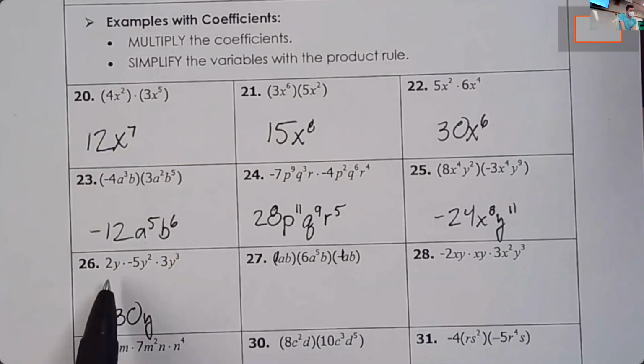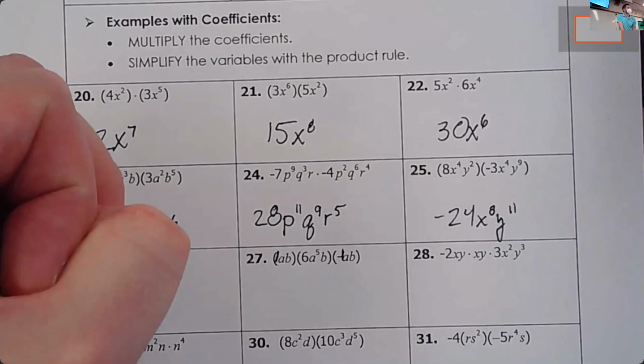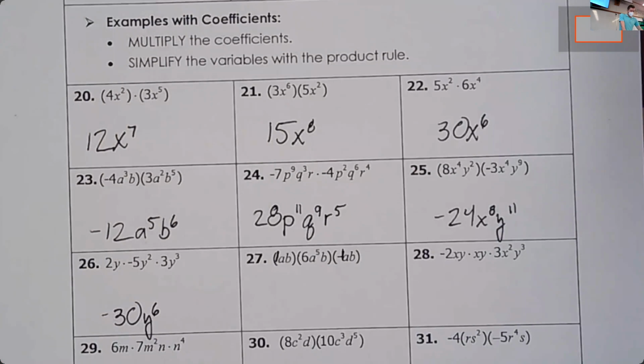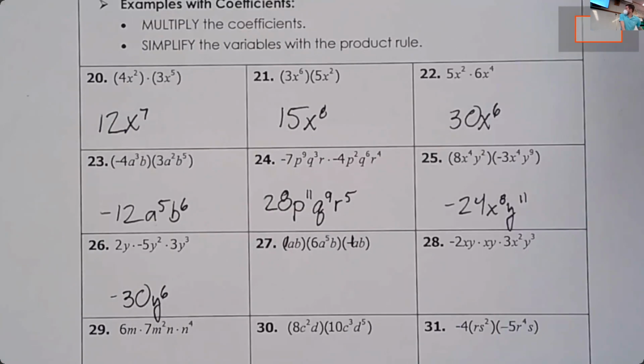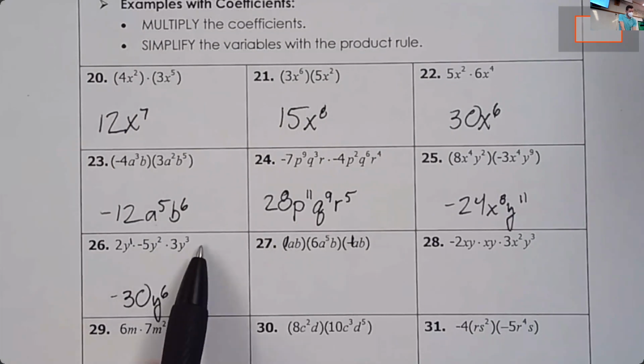And then this one right here also has 1, even though it doesn't have the number shown. So we're just going to turn that into a 6 instead. Okay. Nice. Good work. So 26, negative 30, y to the 6th. So 2 times negative 5 is negative 10. And then times 3, negative 10 times 3 is a negative 30. And then the y by itself is like a y to the first power. 1 and then 2 and 3. So 1 plus 2 is 3, plus 3 more would be y to the 6th.